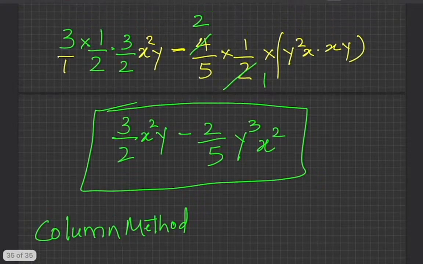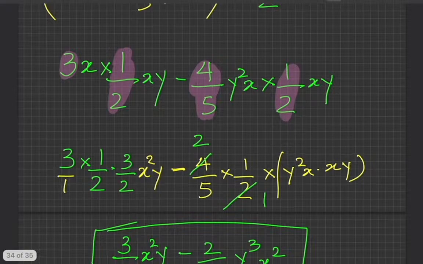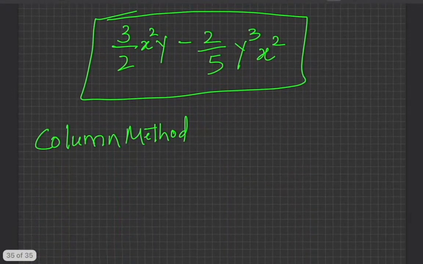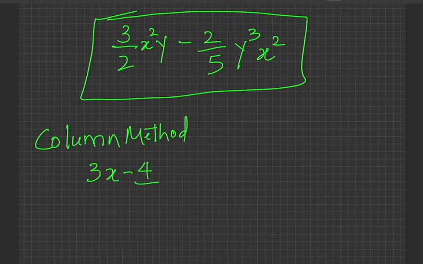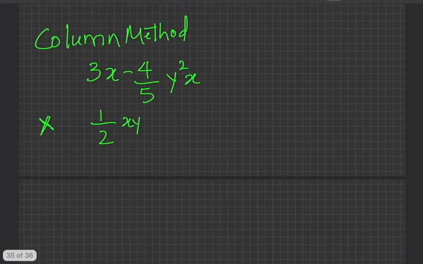And let's take the same example, that is 3x minus 4 by 5 y squared x. I'm going to multiply this by 1 by 2 xy. It's a very simple one.